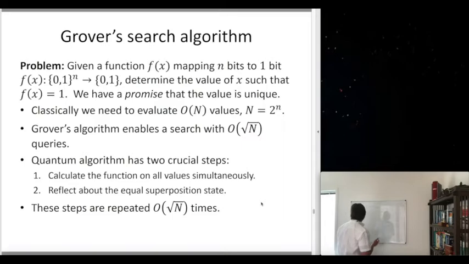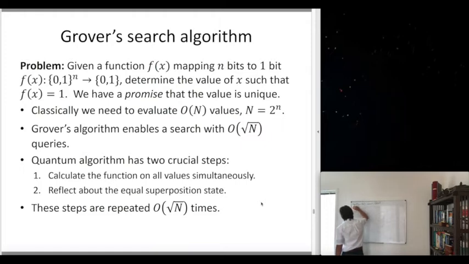And let's look at that first transformation in more detail. So let's say I have u omega, and I apply that to x. Then the result is minus x if omega equals x. Okay, so if omega equals x, which means f of x equals 1.